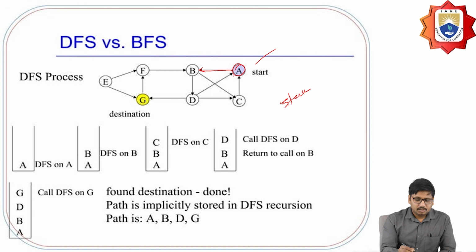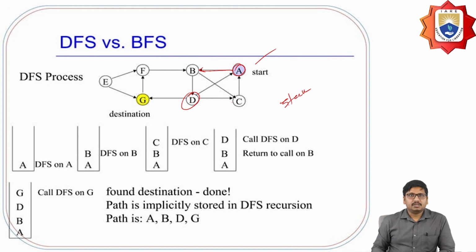Next, C I consider. C is the next one pushed onto the stack. And the next one is D. D is pushed onto the stack. Like this, we call the DFS by using the stack data structure.